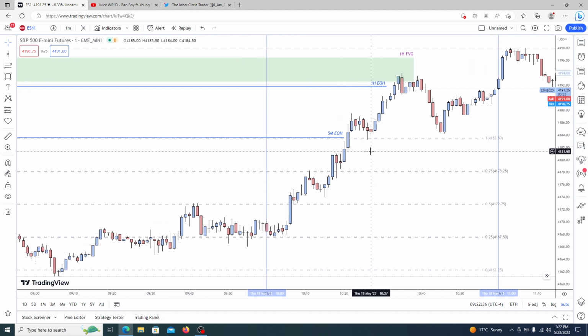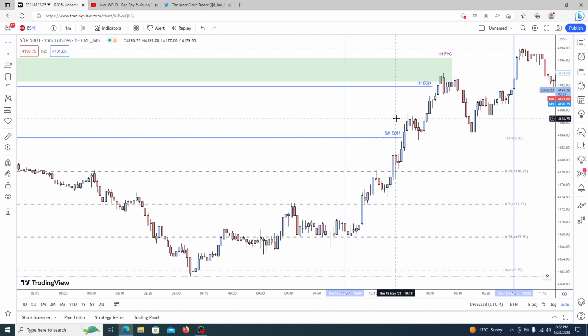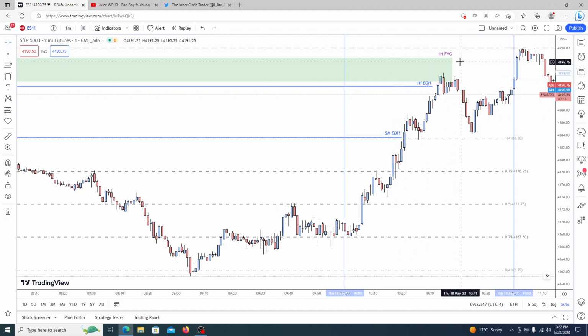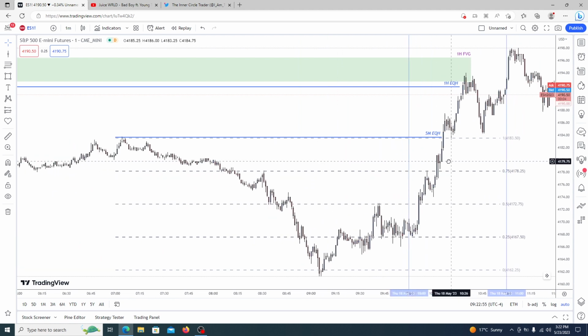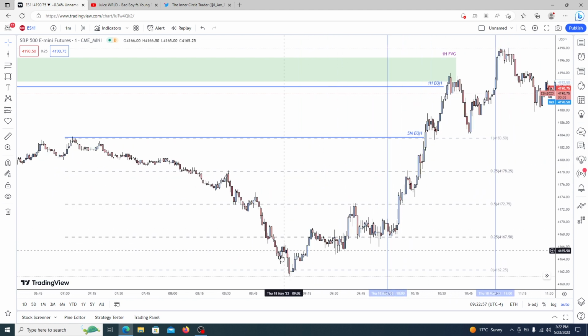So looking at that whole idea, and then changing our bias to a long, realizing that we have equal highs resting above us, and we have this 1 hour fair value gap and this 5 minute equal high resting above us, we then want to look for a long setup. We can then take note that we had a breaker block down here, which price traded, respected, and traded higher.